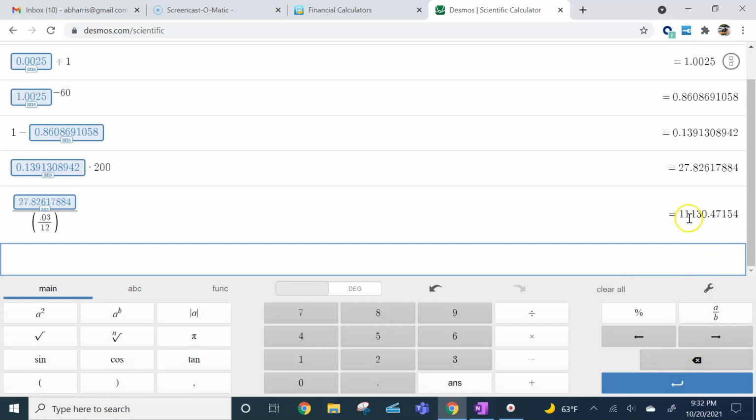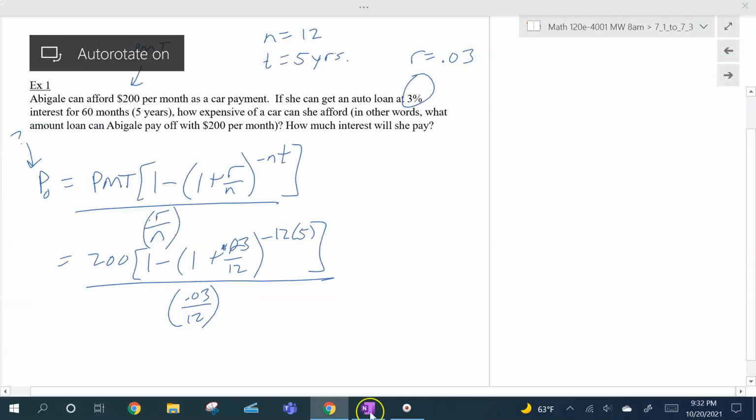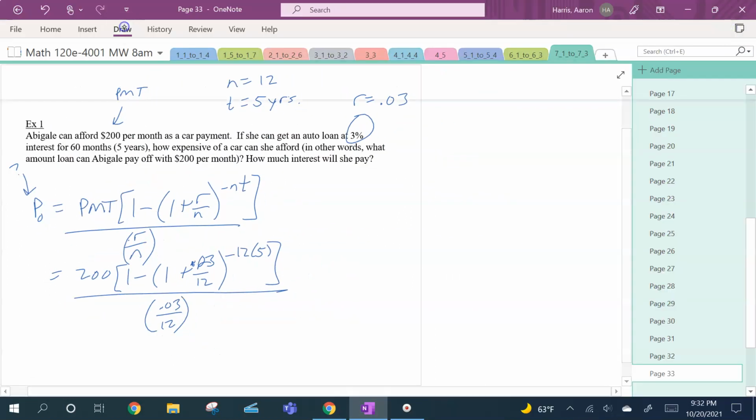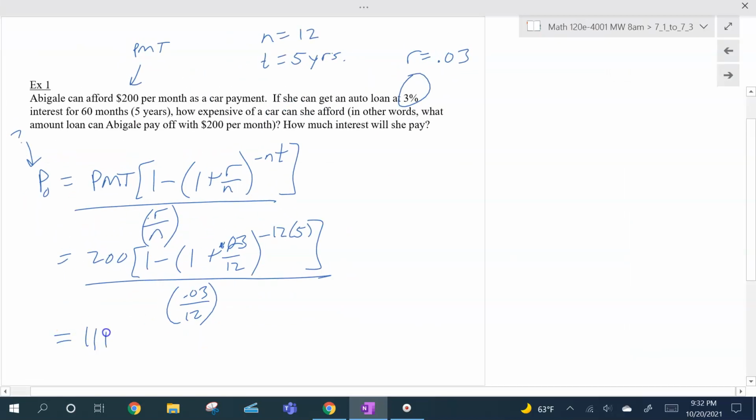And you notice we got 11,130.47 if we round that. Okay, that's how much car she can afford. That's the loan that Abigail can afford.